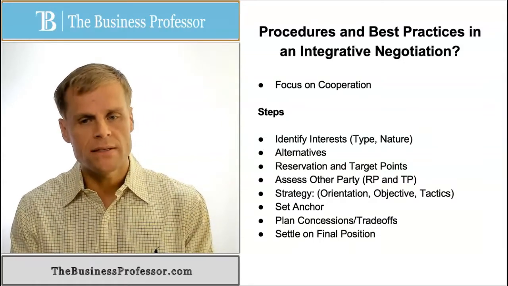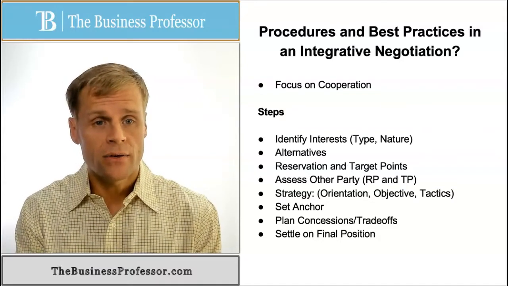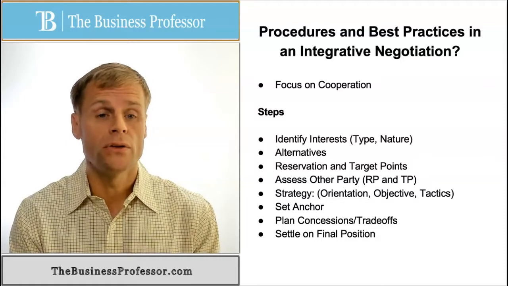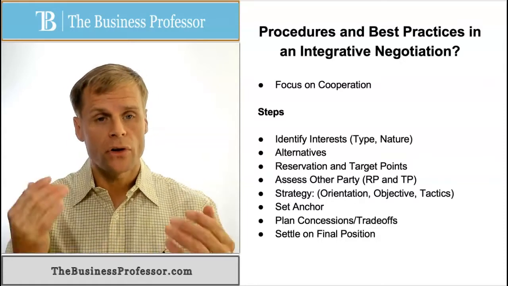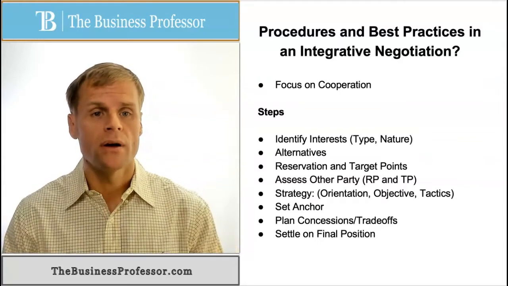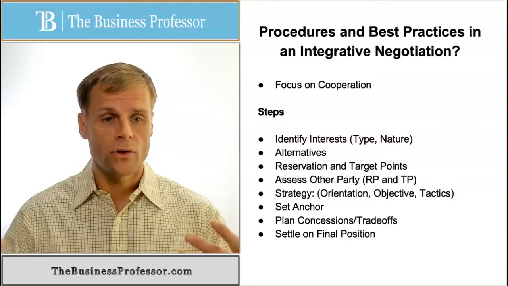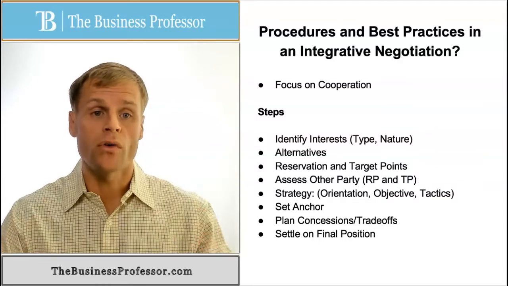So you don't always use concessions, but generally, in the integrative negotiation, you are going to use trade-offs. Okay, you're going to trade off value, and that is going to be part of the cooperative process to once again lift all boats, to expand the pie, to create greater value overall in the negotiation.